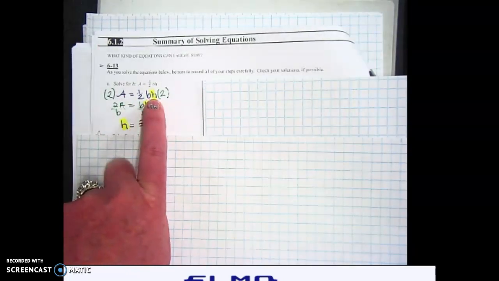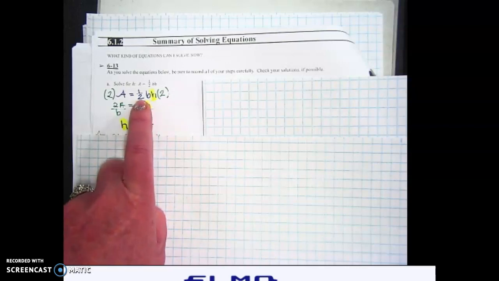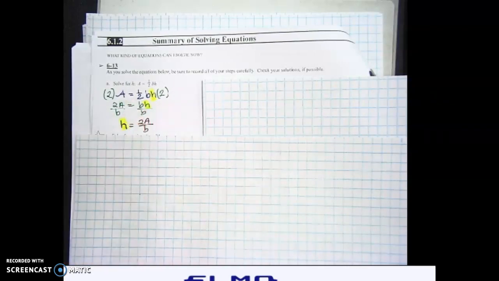Once you highlight the variable that they want you to solve for, you can see what's happening to it, right? That H has two things happening to it. It's being multiplied by B, and it's being multiplied by 1/2. Multiplying by 1/2 is the same as dividing by 2, right? So what's the inverse operation of dividing by 2?